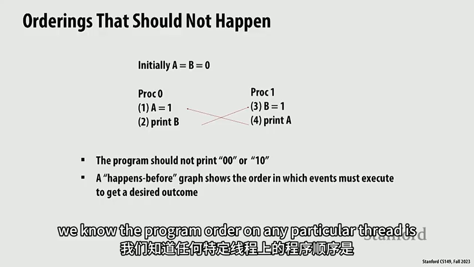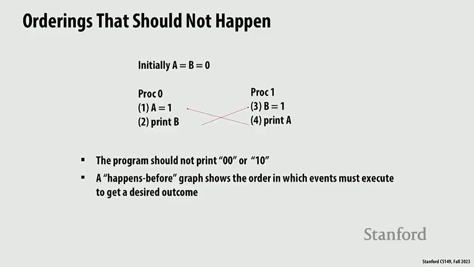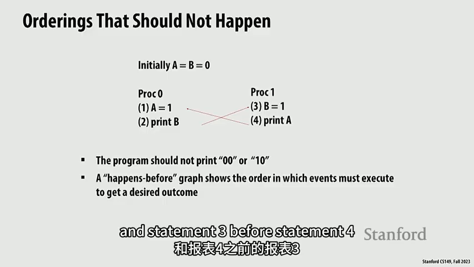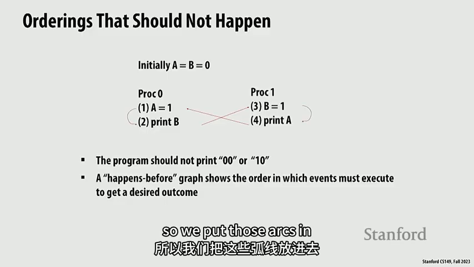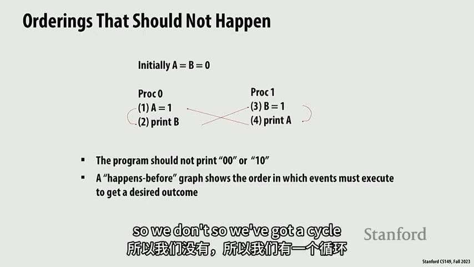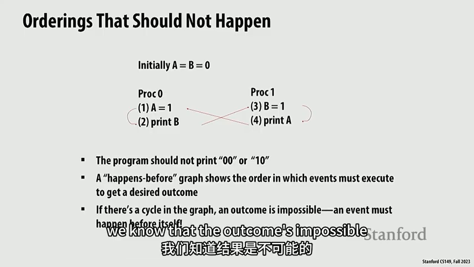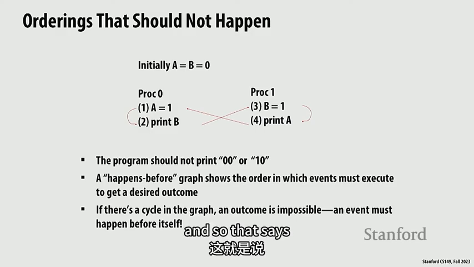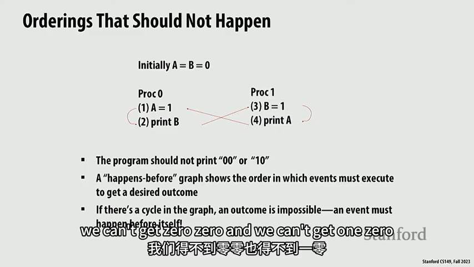And we know the program order on any particular thread is statement 1 before statement 2 and statement 3 before statement 4. So we put those arcs in. And then what we have is a cycle, right? When we've got a cycle, we know that the outcome's impossible because an event must happen before itself. And so that says we can't get 0, 0, and we can't get 1, 0.